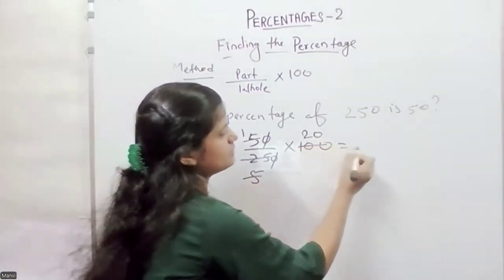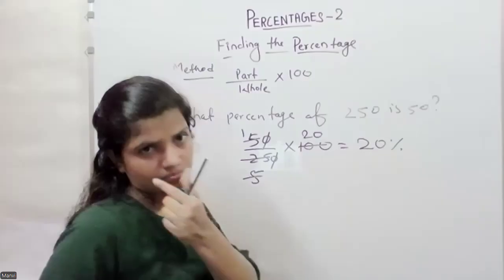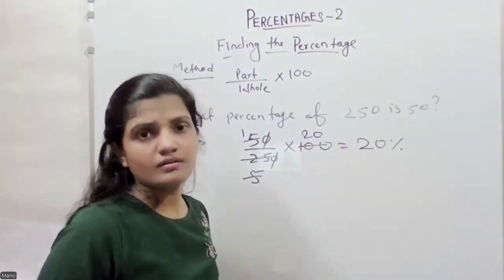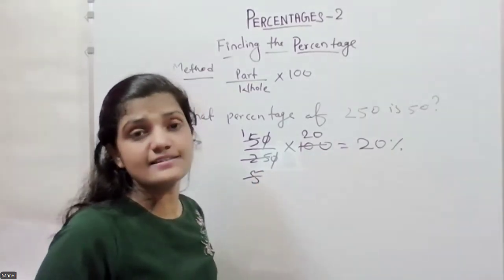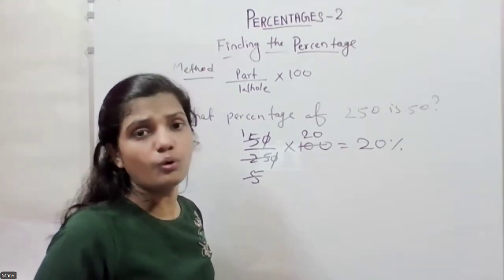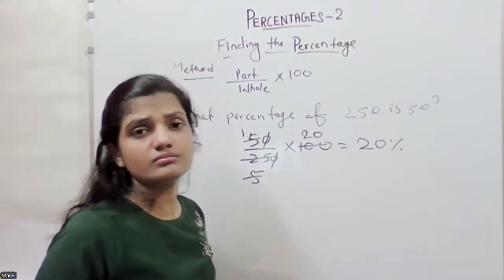This is 0. The answer will be 20%. If you didn't simplify, you must have got your answer in fraction, right? Then how did you get your answer in whole and wrong? I don't know what you are doing.